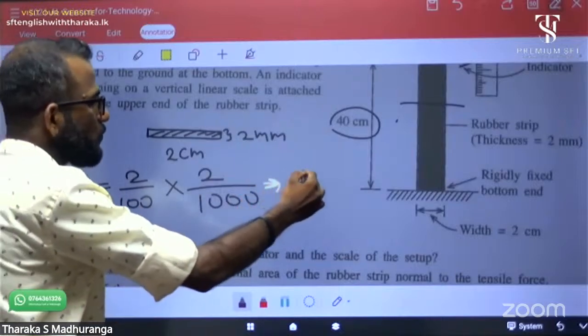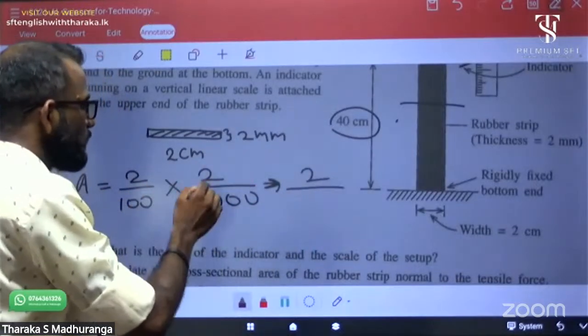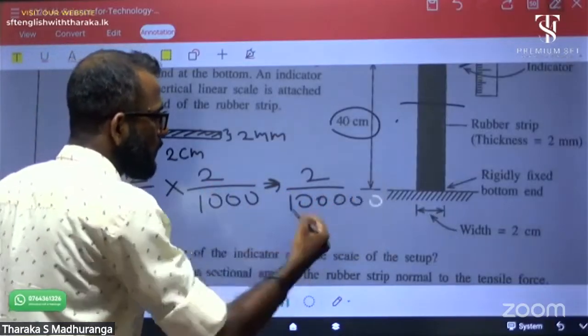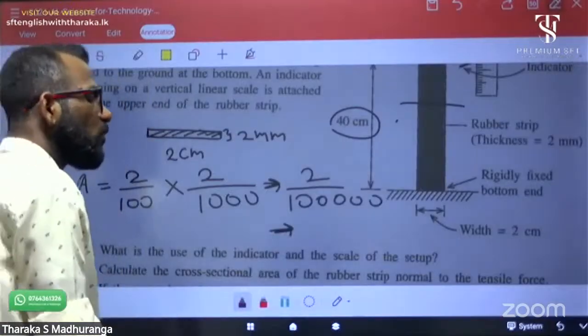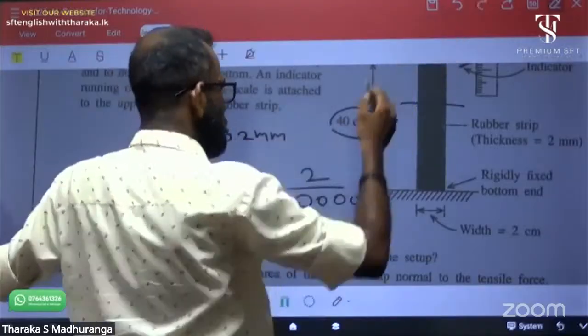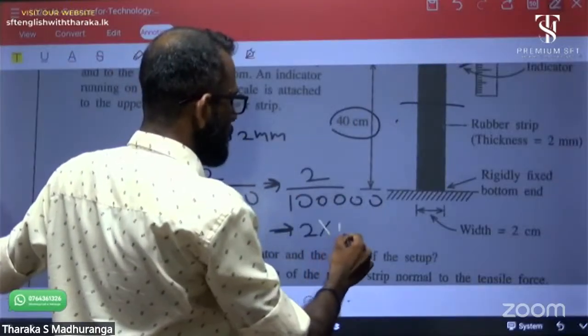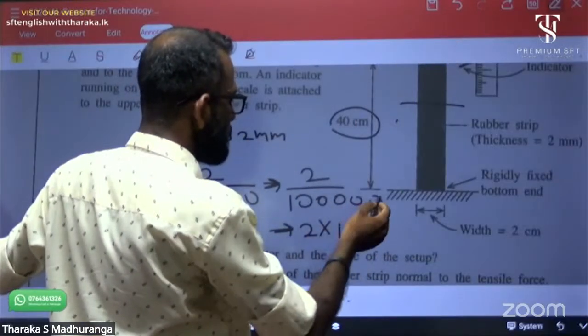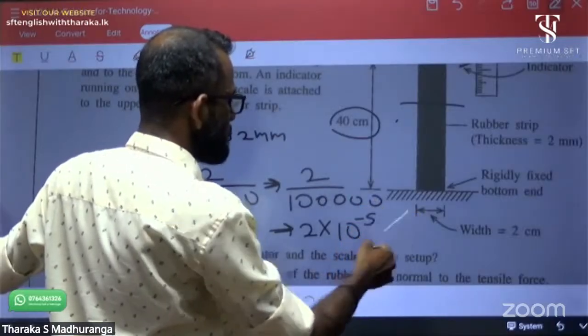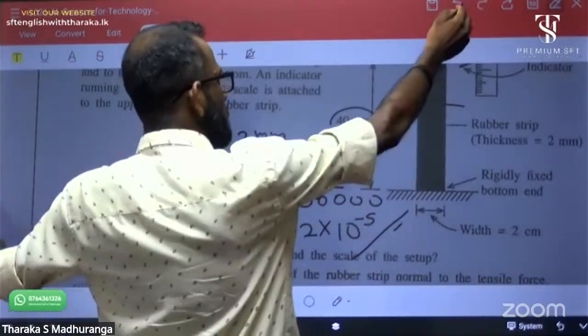Now 2 over 1, 2, 3, 4, 5 zeros. This is the area, 2 over 100,000. 2 over 100,000 means 2 into 10 to the power minus 5 square meter.